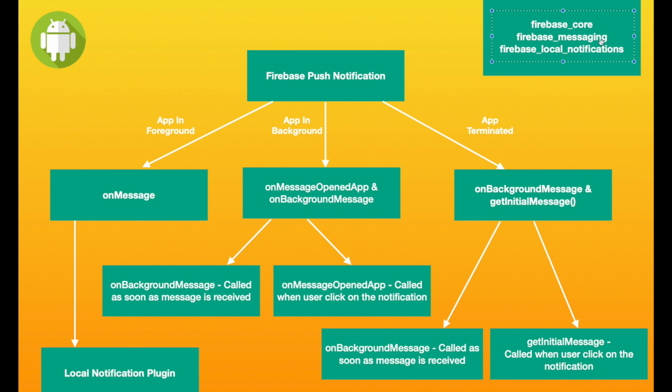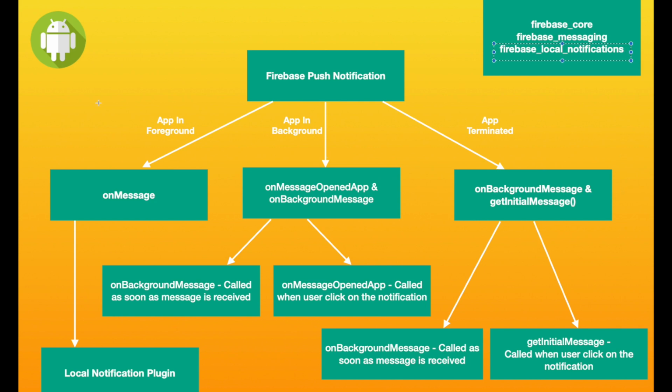Another one is Firebase messaging. All these methods you see over here, onMessageOpenedApp, onBackgroundMessage, getInitialMessage, are from Firebase messaging, which basically handles the push notification from Firebase. And then the last one is Flutter local notifications, which I will explain in a bit.